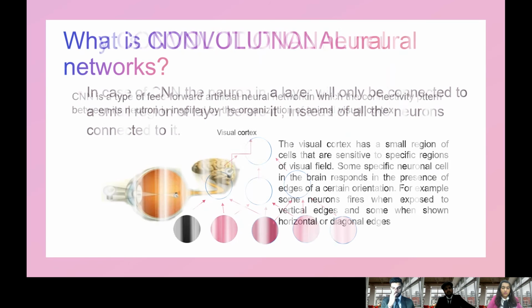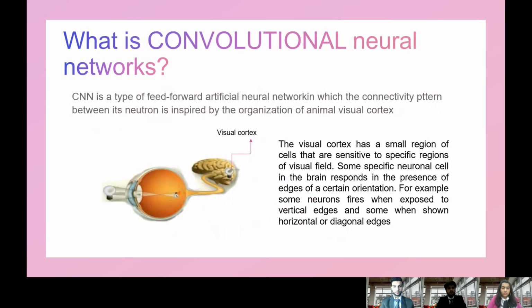What is a convolutional neural network? CNN is a type of feed forward artificial neural network whose connectivity pattern between its neurons is inspired by the organization of the animal visual cortex. The visual cortex is a small region present in the brain.